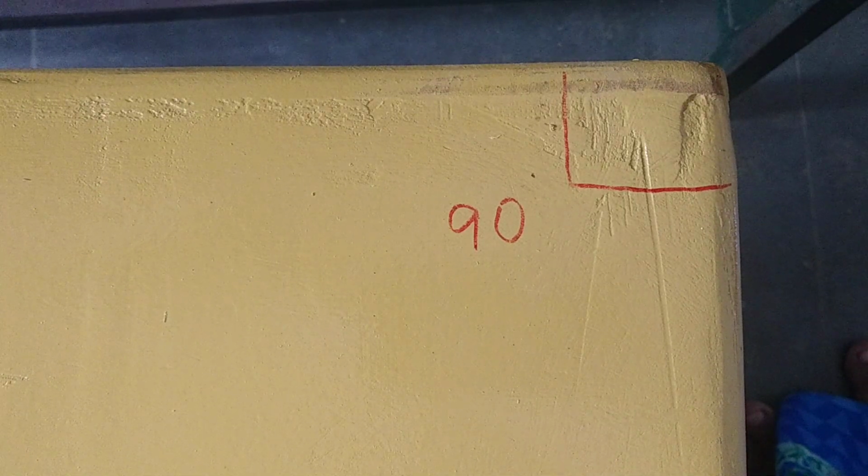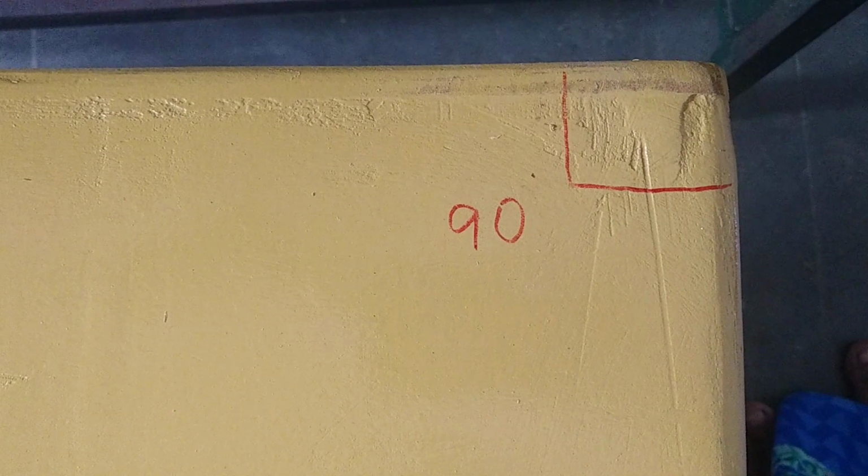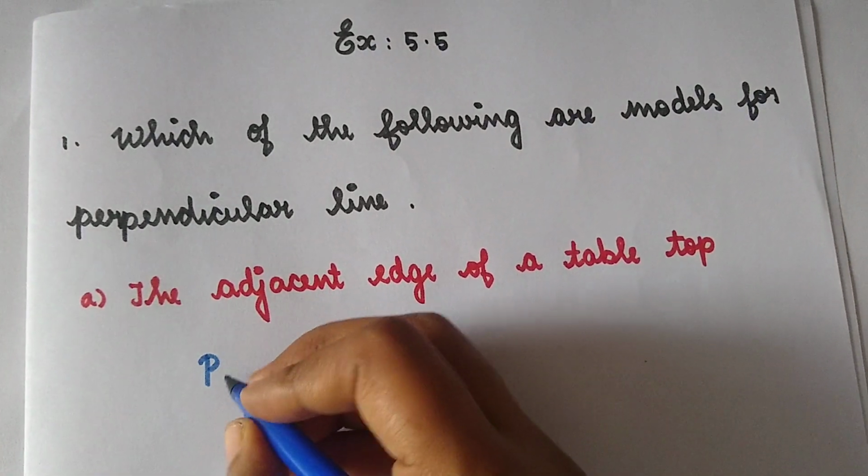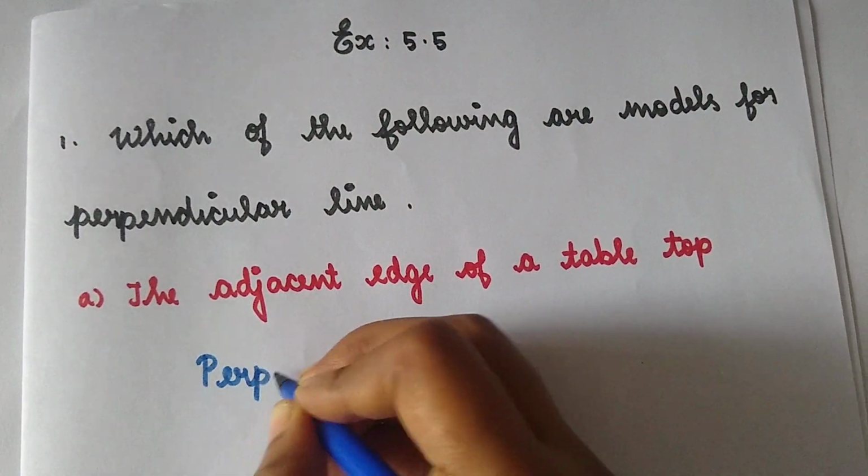Okay. Next let's move to the second subdivision, B subdivision. So this statement is a perpendicular line.